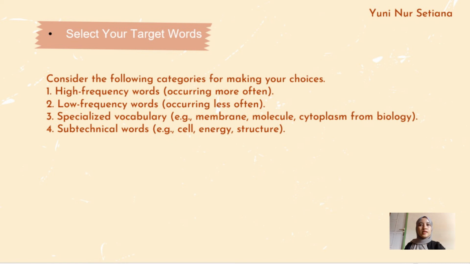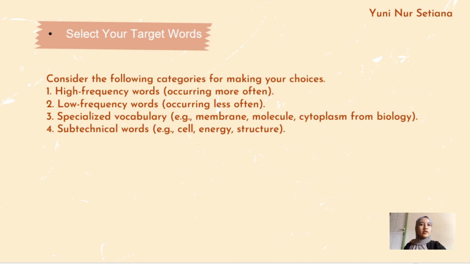Another category is specialized vocabulary, such as membrane, molecule, and cytoplasm from biology, which figures more prominently in content area instruction, and assessment of these lexical items is more often found in subject matter tests than in general language tests.